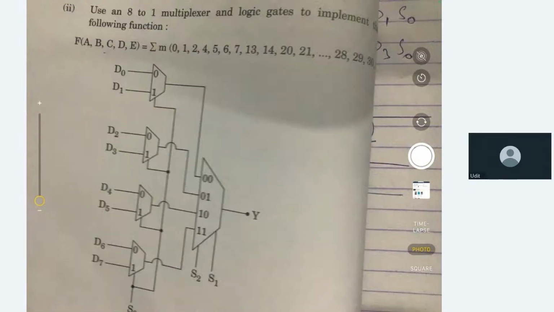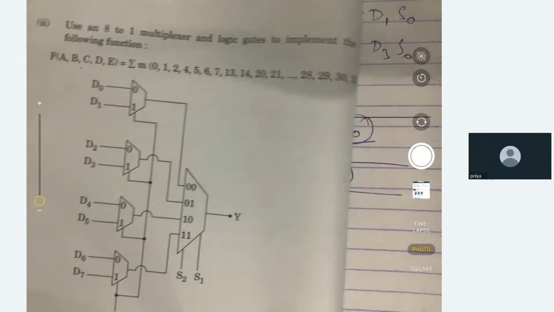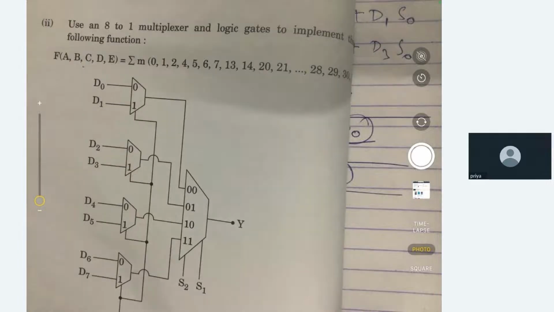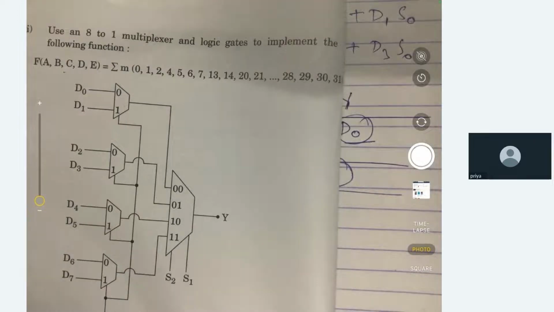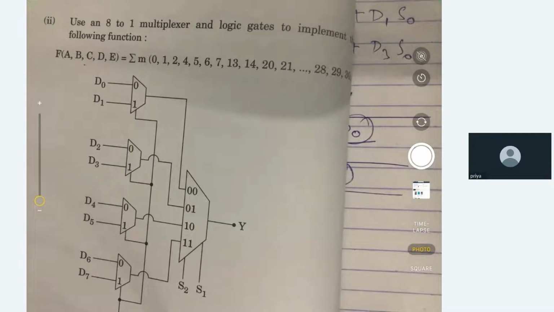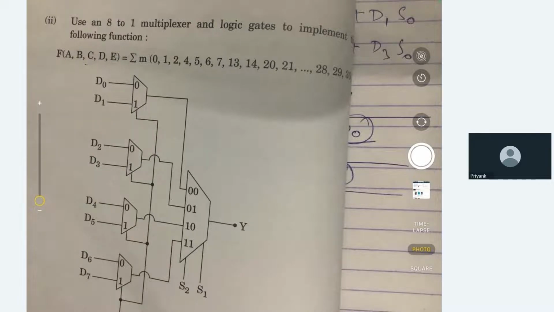I took it that way, only 21 to 28, because otherwise they could have written 20, 21, 28, 29, 30, 31. Why have they written 21 dash dash dash to 28? I think we need to take 22, 23 also. That's how I took it, otherwise we would have taken all 21 to 28.